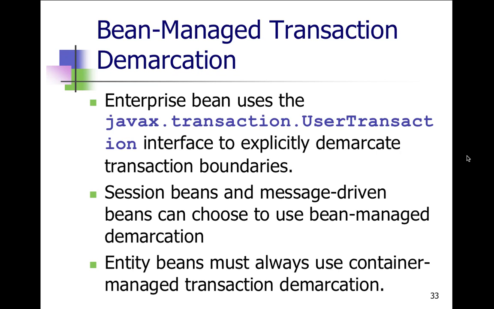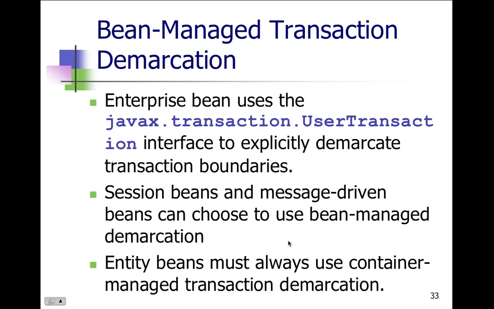So the enterprise bean itself, in terms of the transaction demarcation, uses this API here, user transaction, the same one we saw before, part of the transaction interface, to explicitly demark transaction boundaries. This is for the bean managed component. Session beans and message-driven beans can choose to use bean managed demarcation.